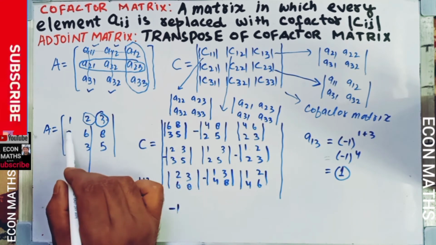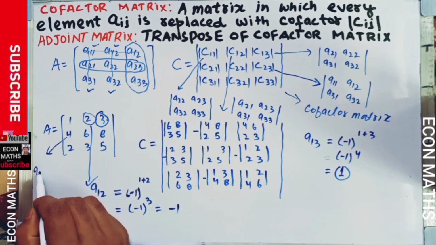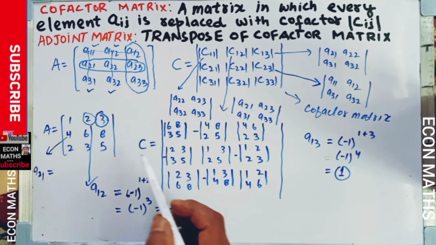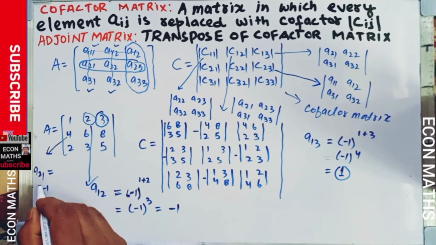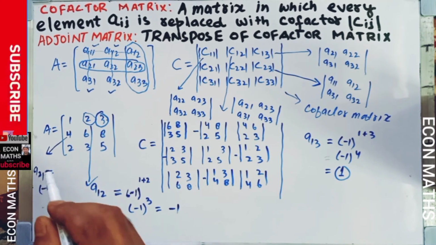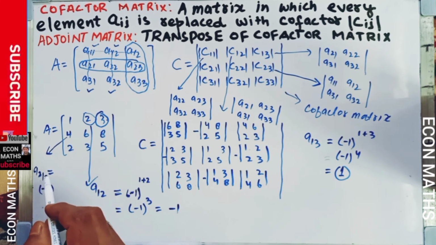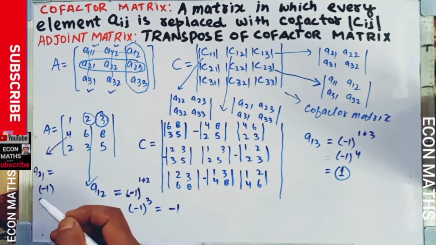Similarly, this element here, this 4, appears at A21. The address of this element is A21. Now the sign of the corresponding cofactor is -1 raised to, this is the general formula, we add the subscripts and raise -1 to that exponent.